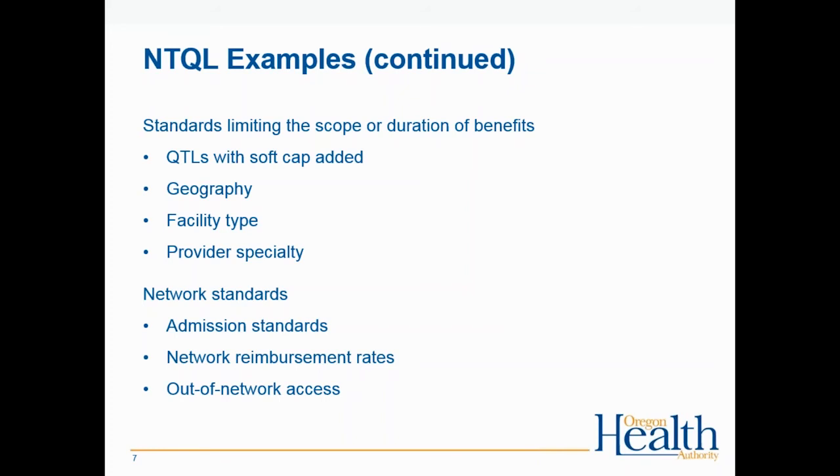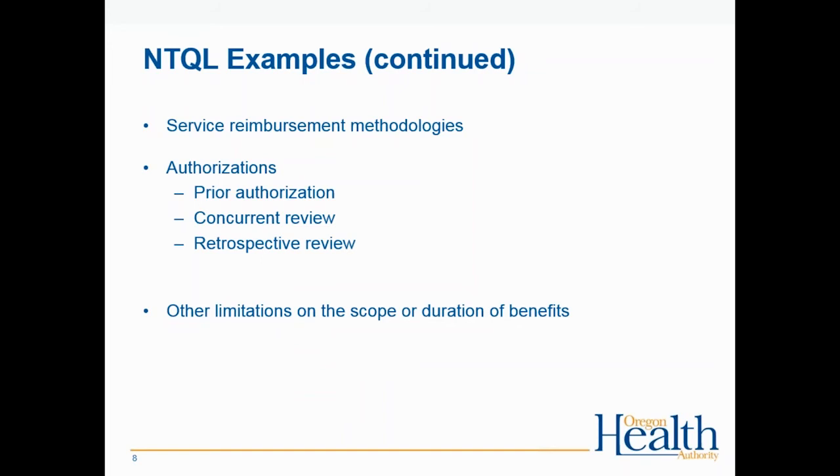And it's important to remember that there may be other limitations on the scope or duration of benefits outside of this example set. We're really looking at operational parameters that limit the access of a given service or treatment to mental health or substance use disorder diagnosis and treatments.